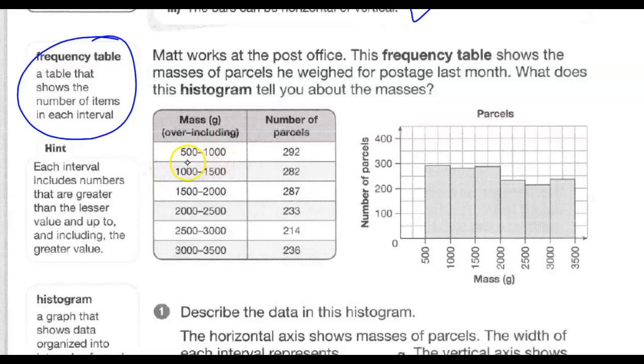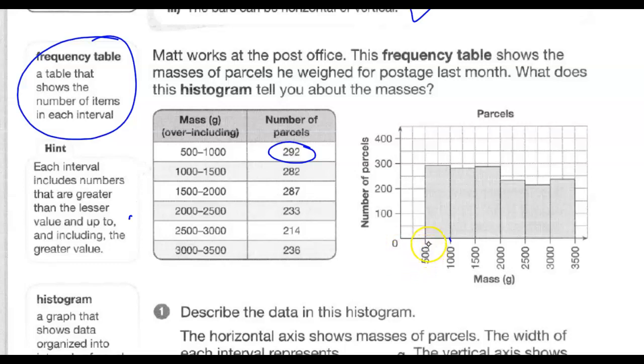The intervals going from 500 to 1,000. So basically, we label grid markings, and then we draw a bar for 292. So that's drawn there. And then, basically, they share a side. So each interval includes numbers that are greater than the lesser value and up to and including the greater value.